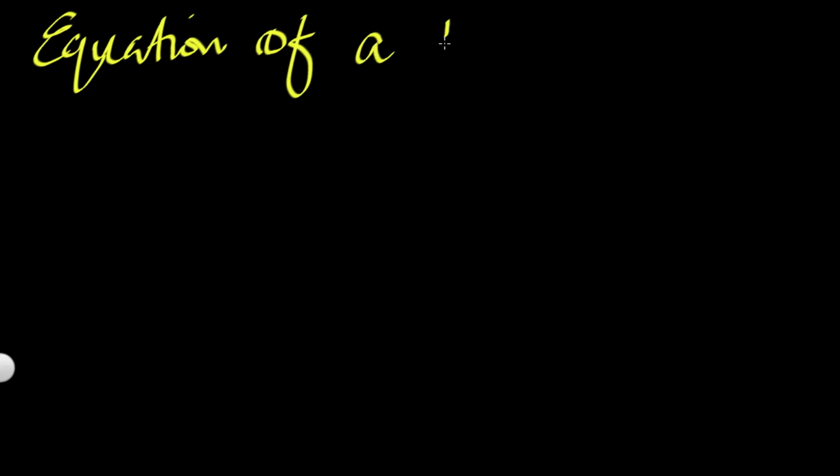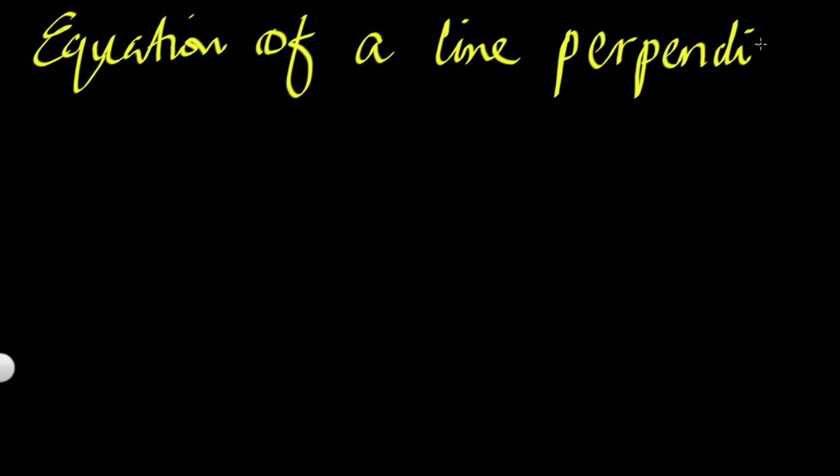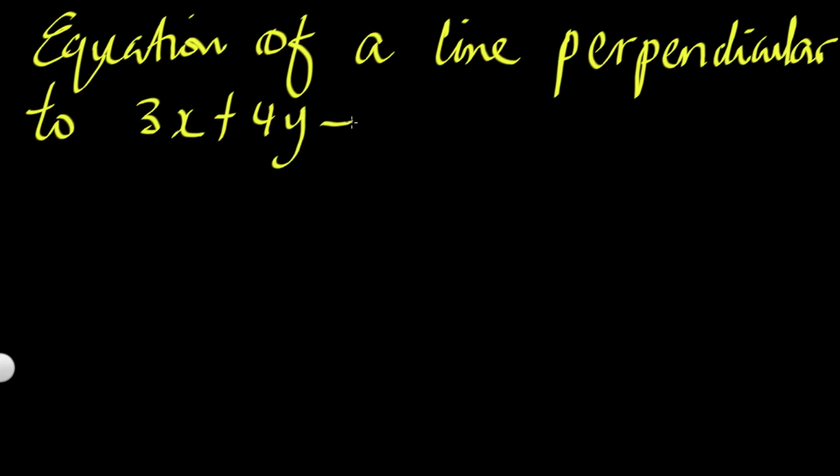So, the equation of a line perpendicular to 3x plus 4y minus 6 equals 0.